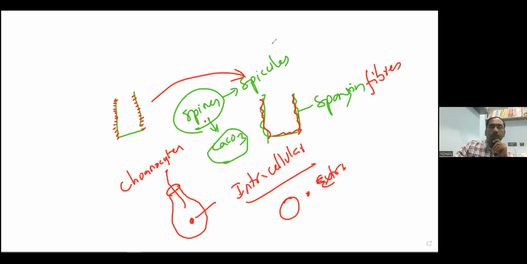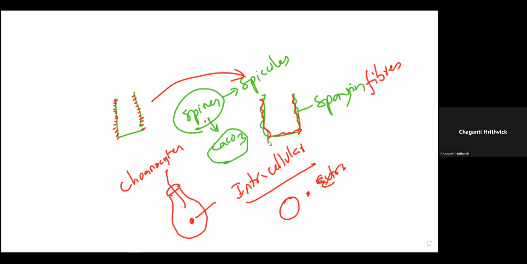Right. Ritvik, can you hear my voice? Yes, sir. Now, tell me, what is the level of organization found in Porifera? Cellular level.